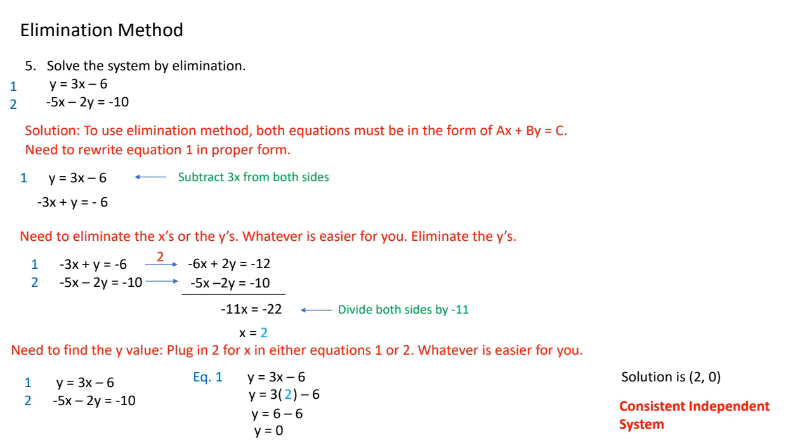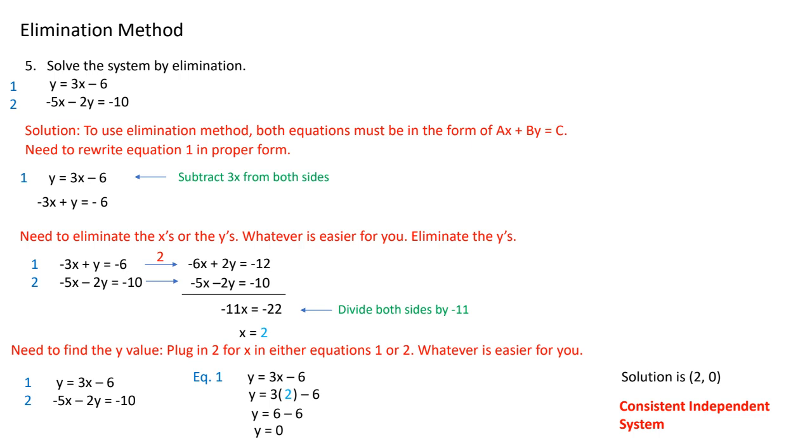And in my case, I'm just going to put them both in general form. So the first one I converted into general form by moving my 3x to the other side. So I have minus 3x plus y equals negative 6. Now that one is in general form. And the other one I'm going to leave alone: minus 5x minus 2y equals negative 10.